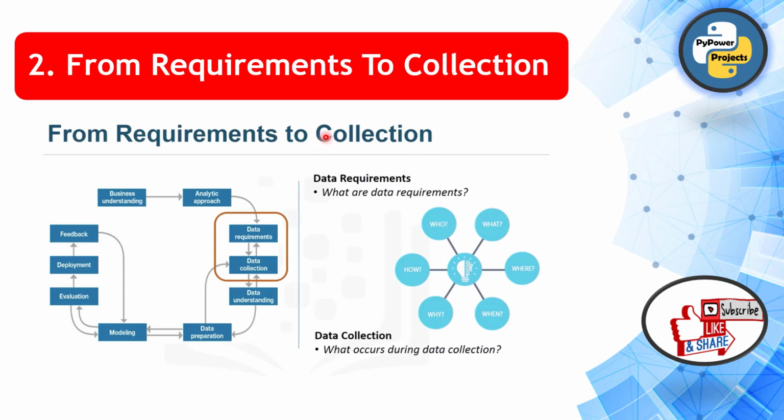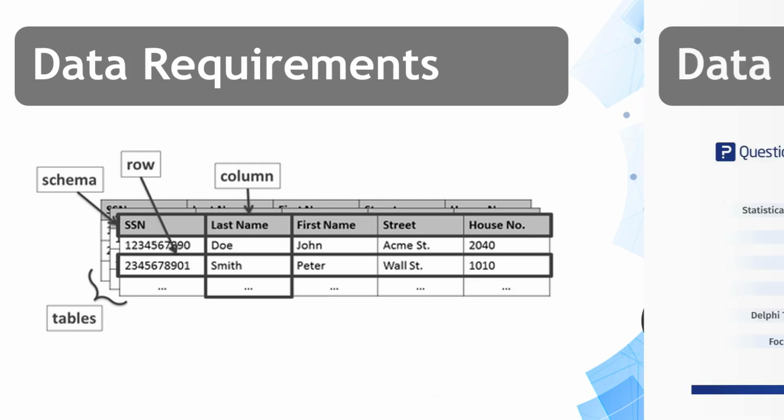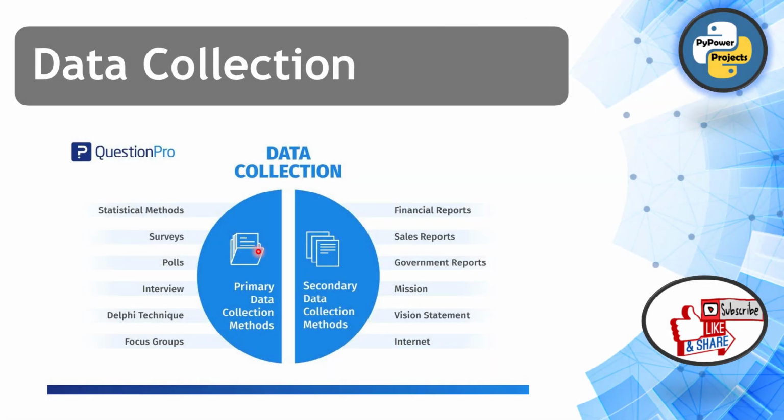What kind of data do we need? And then we go for data collection, that is where can I find that data. So data requirements is understanding which kind of data or what data elements or attributes we need. And then we go for collecting data. There are two major ways, that is primary data collection and secondary data collection. In primary data collection, no operations have been performed on the collected data.